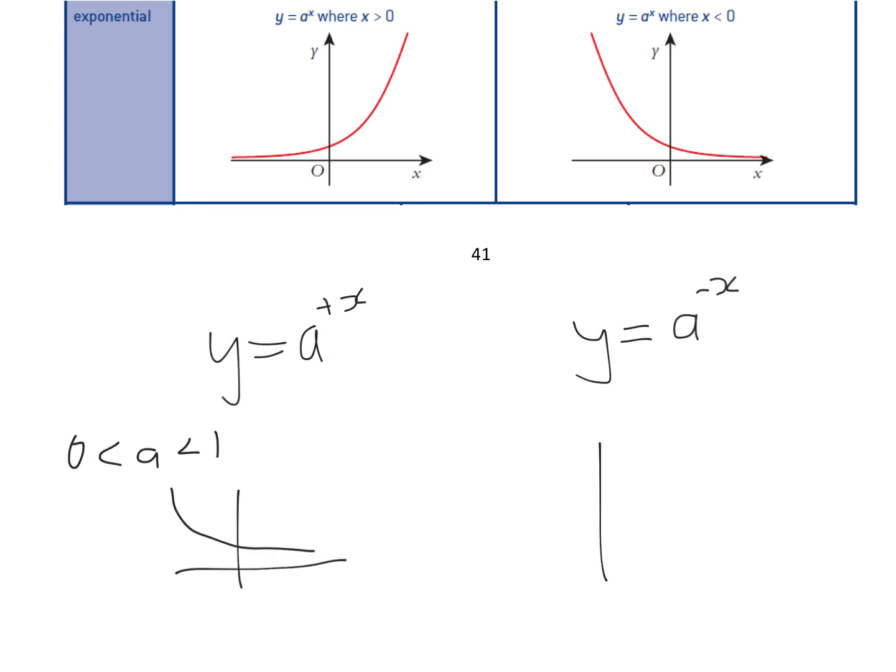And again, if A is between 0 and 1, where the power is negative, you would get exponential growth. Okay, that's a little bit to do with the index laws; you could work that out for yourself.